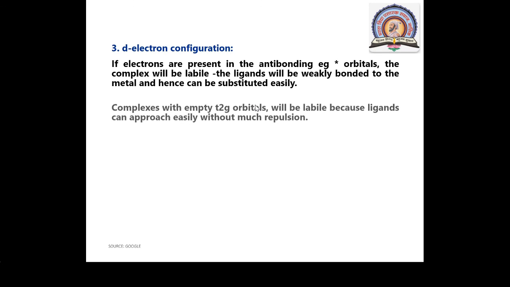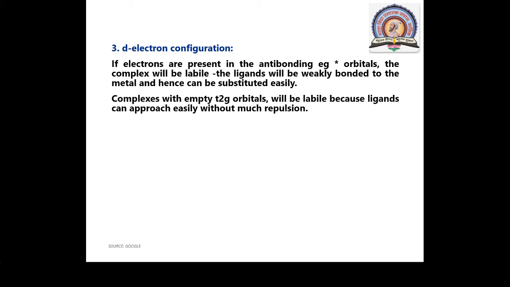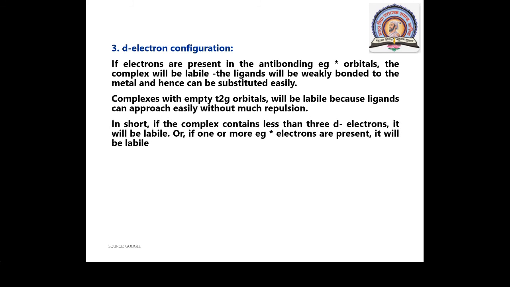Complex with empty t2g orbitals will be labile because ligands can approach easily without much repulsion, as we have already discussed. In short, if the complex contains less than 3 d electrons, it will be labile, or if one or more eg* electrons, or electrons in antibonding orbitals, are present, it will be labile.